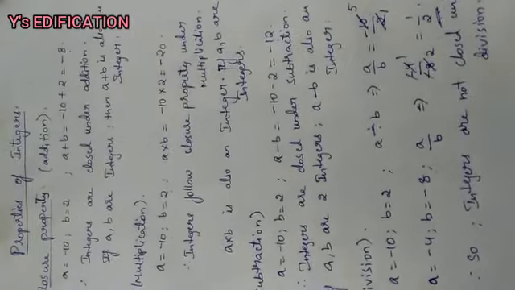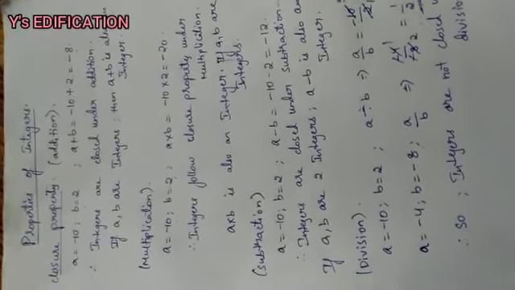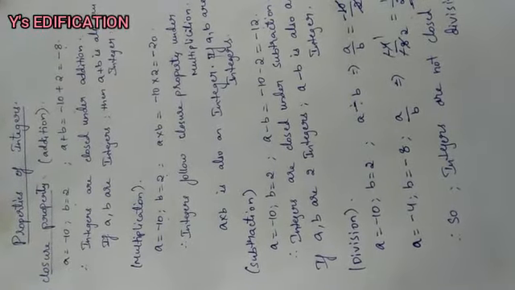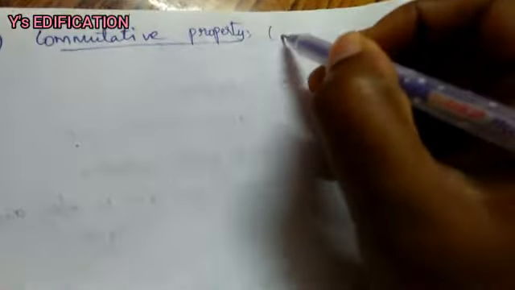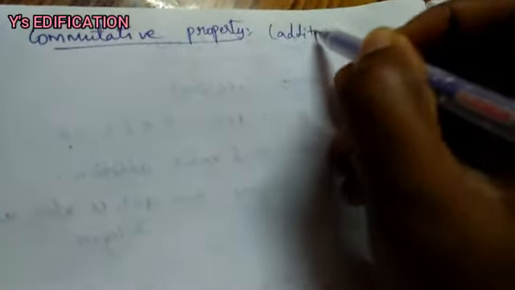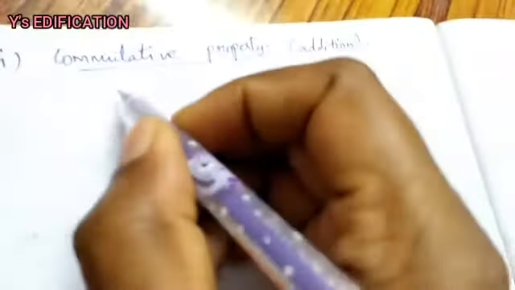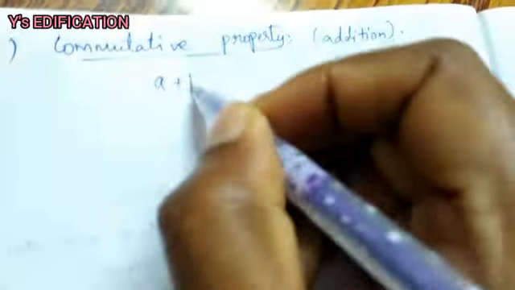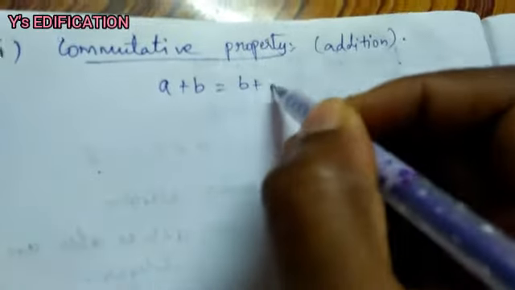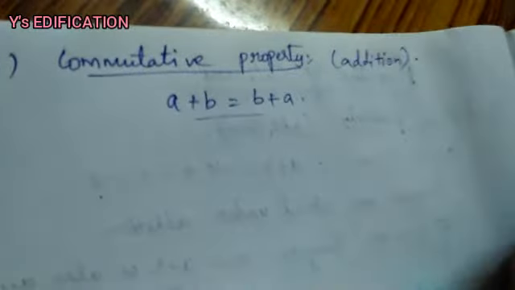Okay, next we are going to see the next property, that is commutative property. Again here also we are going to do it for addition, subtraction, division and multiplication. First I am going to start with addition. So what is a commutative property? I think you all know about this property very well. If we add two numbers, a plus b is equal to b plus a, this is a commutative property.